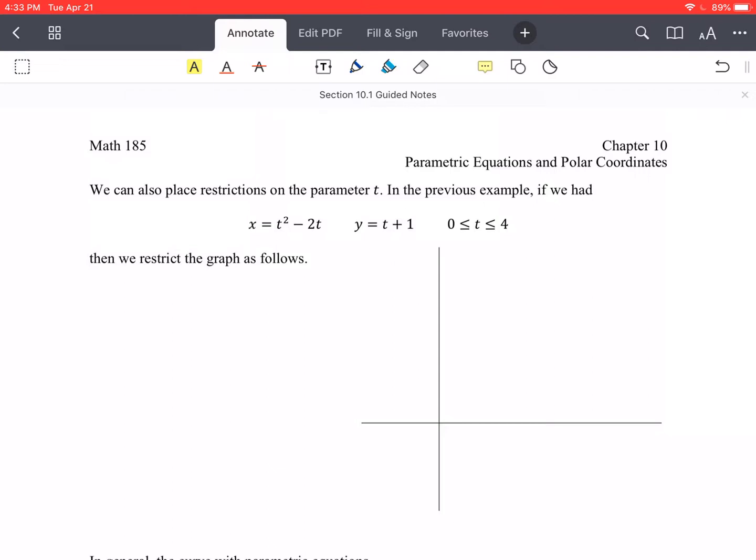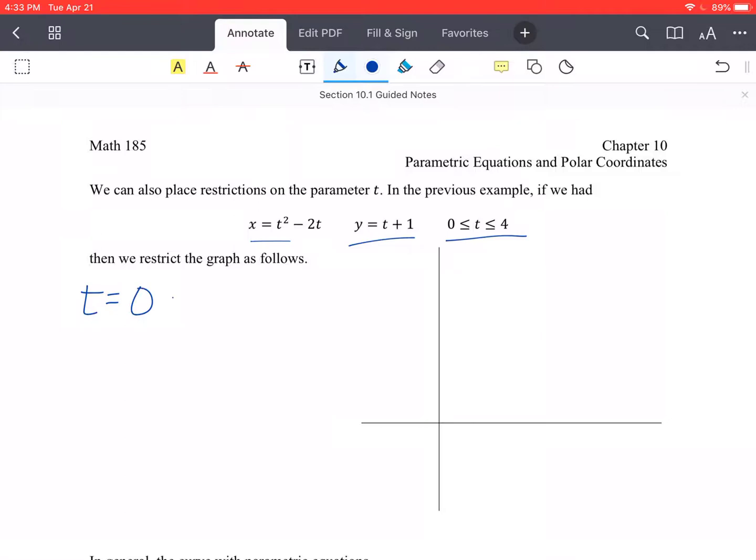So we're going to use the same functions, same parametric equations as the previous example, but this time t is going from 0 to 4. So when t equals 0, we saw this a little bit ago, we get the point 0, 1. And when t equals 4, we get the point 8, 5.